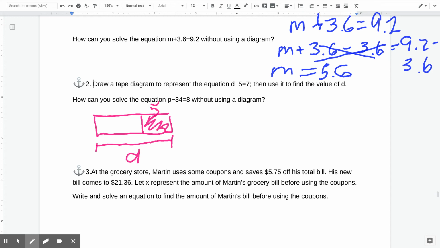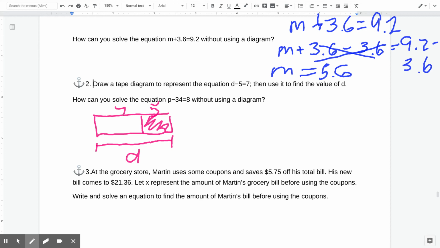We're subtracting 5, and that leaves us with 7. You can see that in order to find D, we'd have to add in that 7 that we had. So we have D minus 5 equals 7. We'd have to take 7 plus 5 to find D.